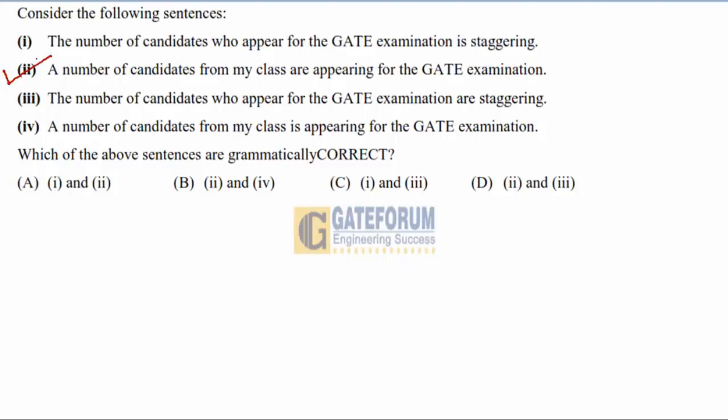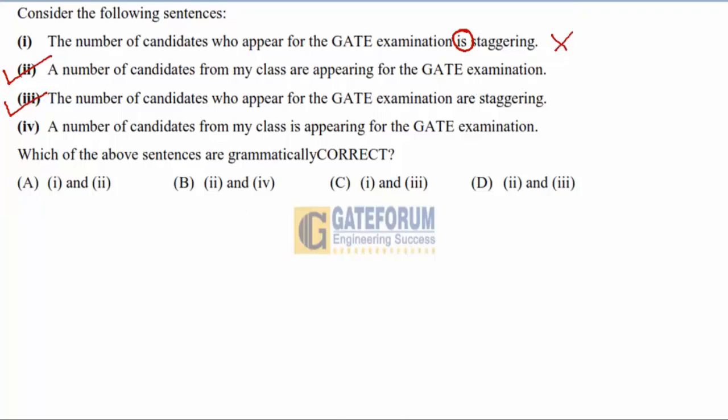The number of candidates who appear for the GATE examination are staggering. This is correct. The first one was not correct because the word is was getting used. So this one is wrong because of the is. It should have been are staggering.